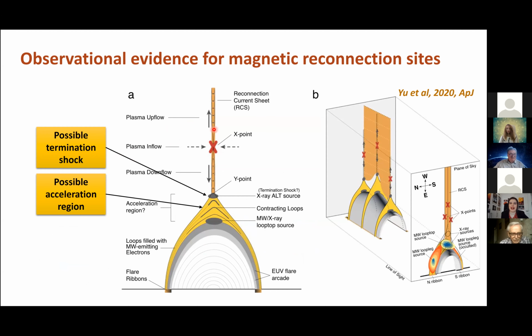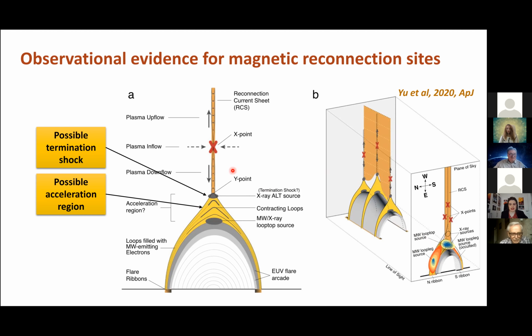In 2D, we have this X point happening, the reconnection current sheet, we have plasma upflows and downflows, and when we reach the cusp region, we have maybe a termination shock, and maybe additional acceleration just at the shock, which creates the X-ray source that we see. It's not very visible, but we have the X-ray contours here, and also the gyrosynchrotron emission.